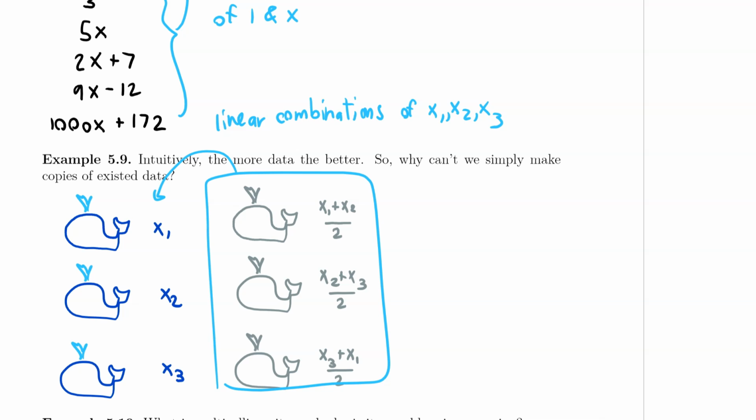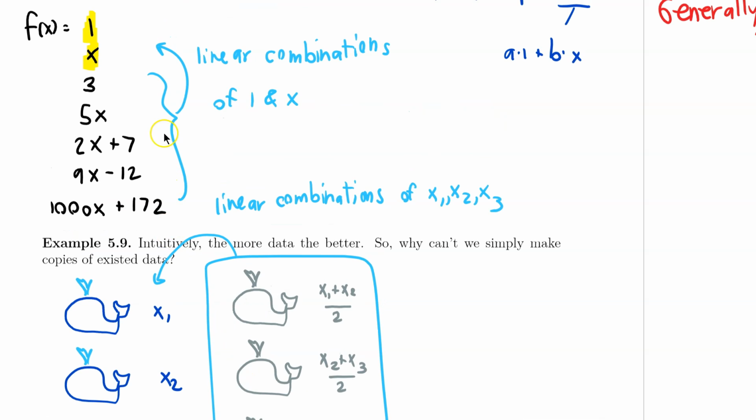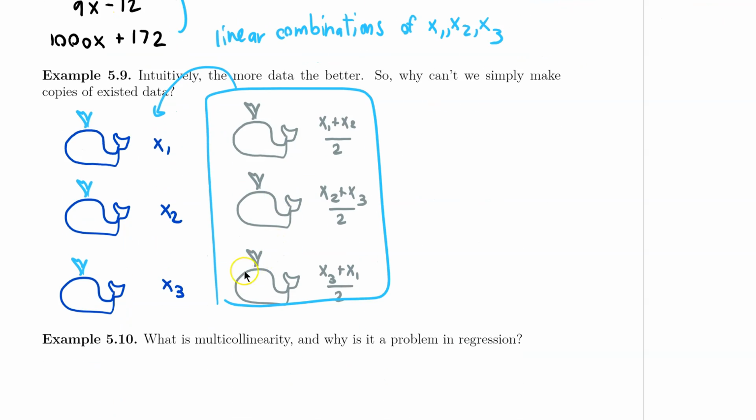Creating data this way would not bring anything new to the table, just like if we make a new solution this way, by adding 3, 5x to x plus 7, it's not going to add anything new because it's just a redundant answer from my original 2 answers, 1 and x. Same thing here: if I keep adding new data like this, it's not going to matter because it's just a combination of the data that already existed.